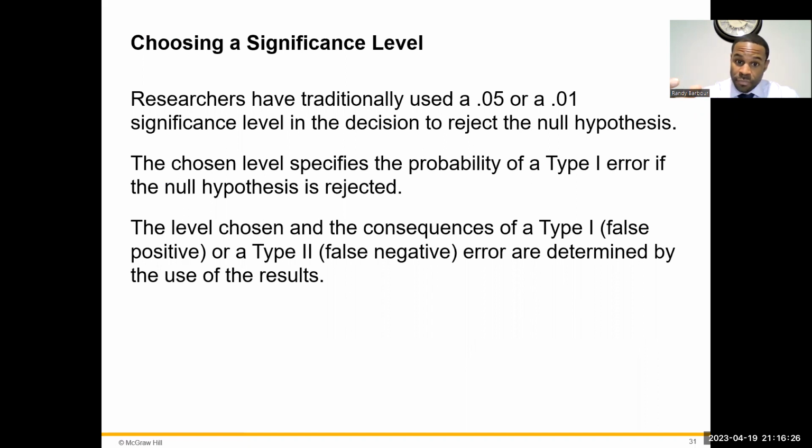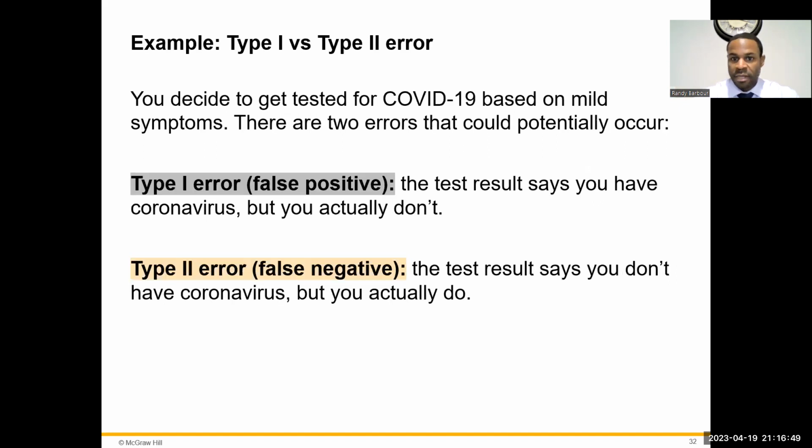Again, the level chosen and the consequences of a type 1 false positive or a type 2 false negative error are determined by the use of the results, right? So if I'm decreasing the probability of getting a type 1 error, I'm going to be increasing the probability of getting a type 2 error, and vice versa. Okay.